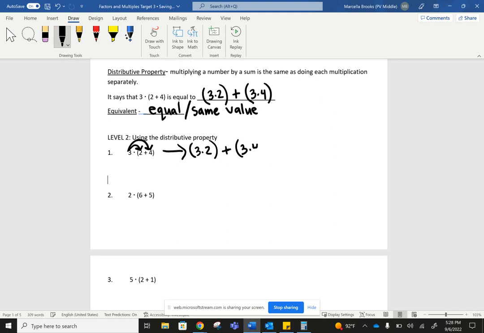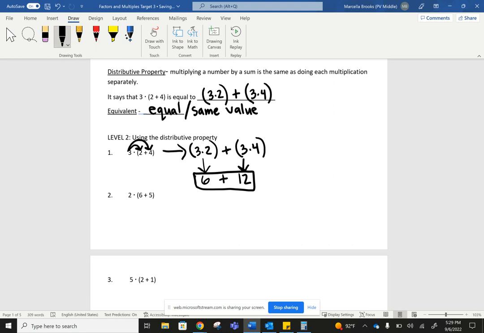Now, if we do our multiplication, 3 times 2 is 6. The plus sign stays the same. And then 3 times 4 is 12. So what I want your answer to look like is you're just rewriting the phrase. I don't want you to do that final step and add them together.